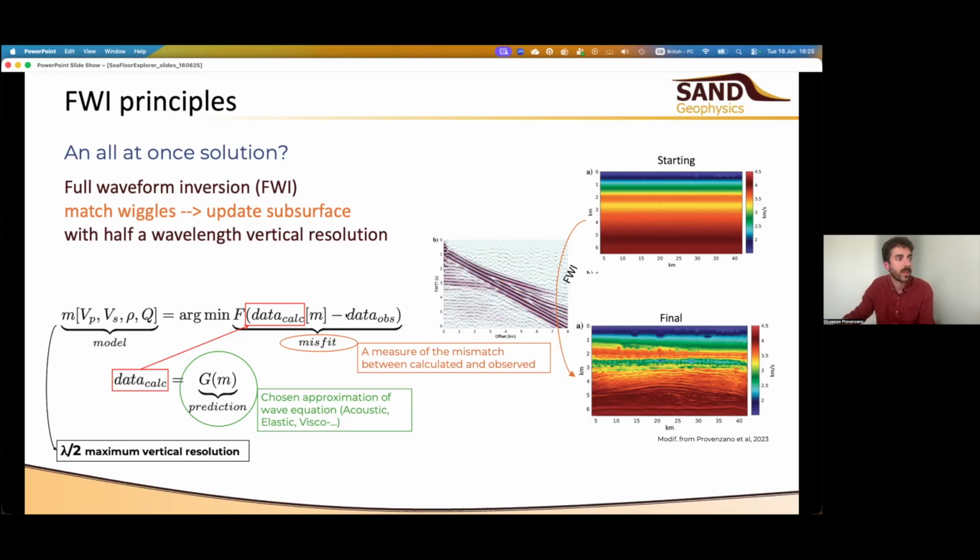And by minimizing the misfit between the calculated data and the observed data, you improve your state of knowledge of the subsurface by injecting in the model the missing heterogeneities as they are recorded in the observed data. And it promises a maximum vertical resolution of a half wavelength. So if your dominant wavelength is a meter, you can hope for a resolution of half a meter.